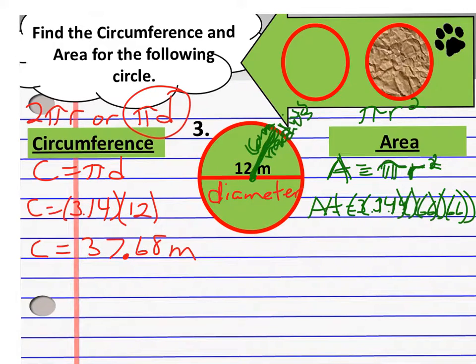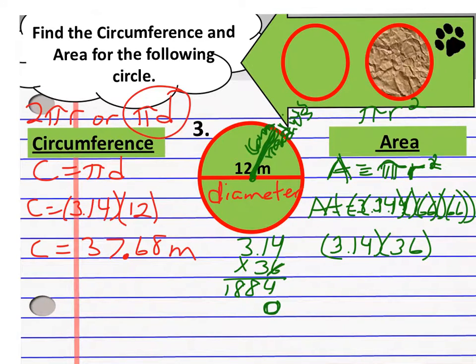So let's do the math. That is 3.14 times 36, because that is 6 times 6. So 3.14 times 36. Let's do the math. Again, 6 times 3.14 is 1884. Knock that off, add in that 0.